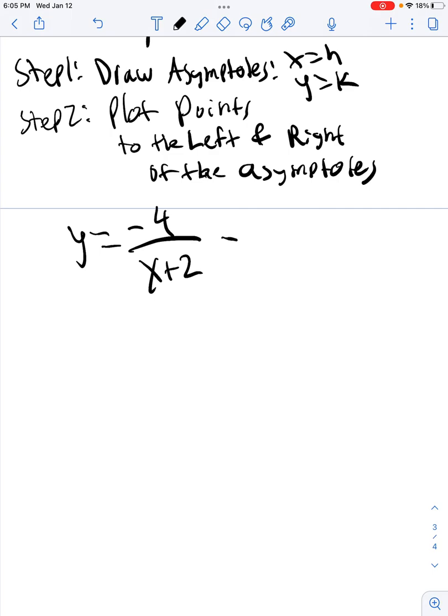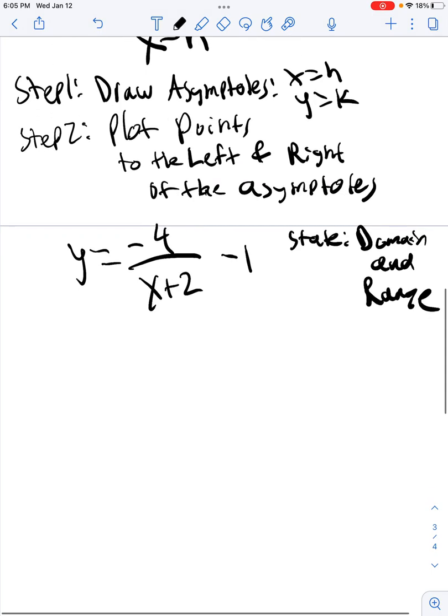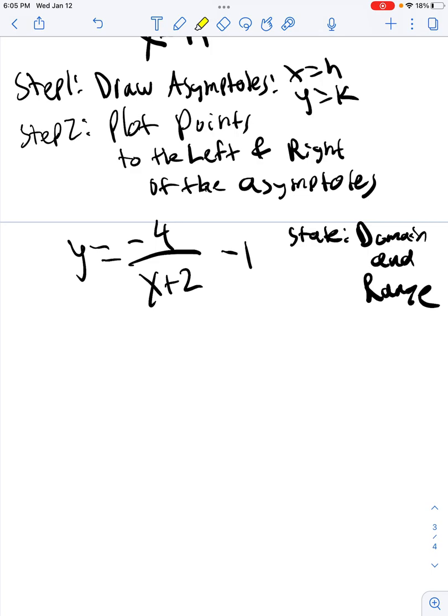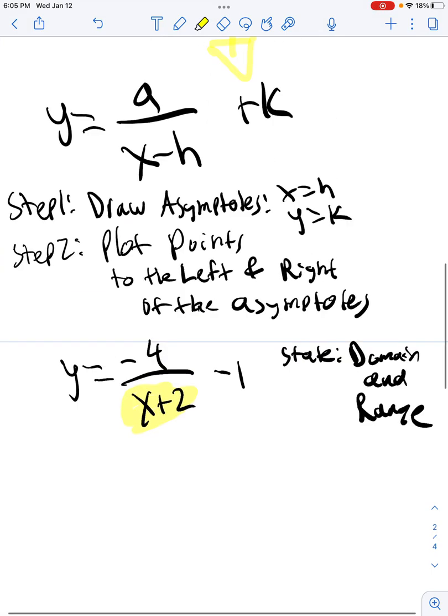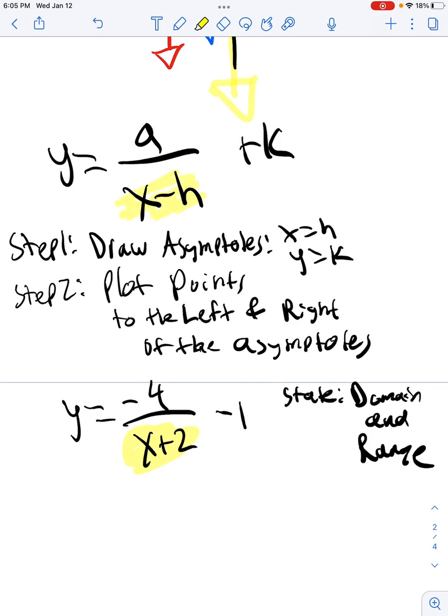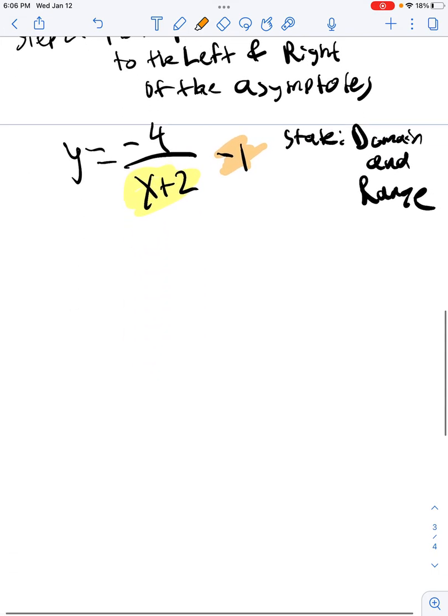y equals -4 over x plus 2 minus 1. State the domain and range. All right. So first step is I have to identify my asymptotes. I see that I have x plus 2 right here, and then I have a minus 1 out here as my k.